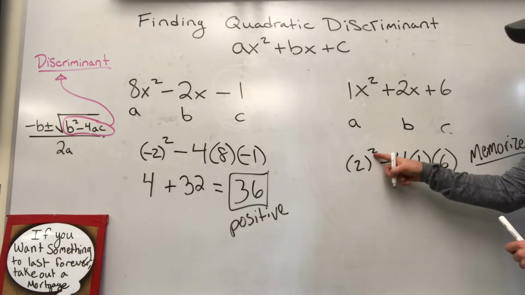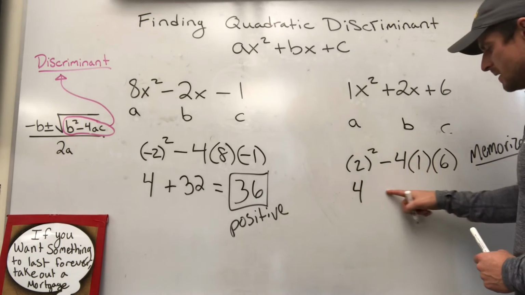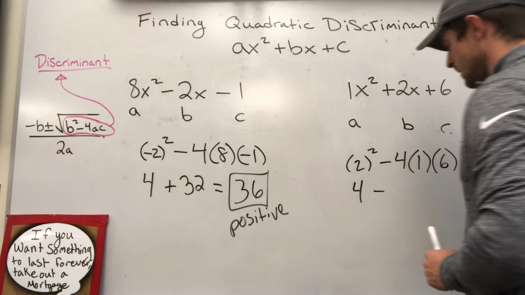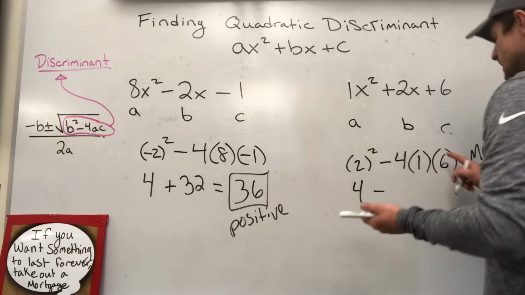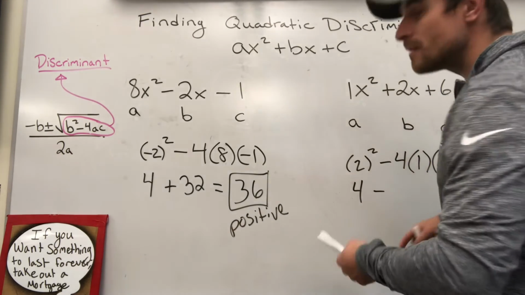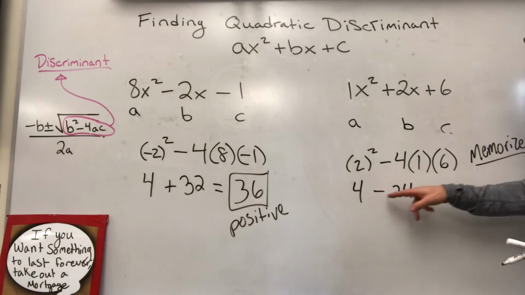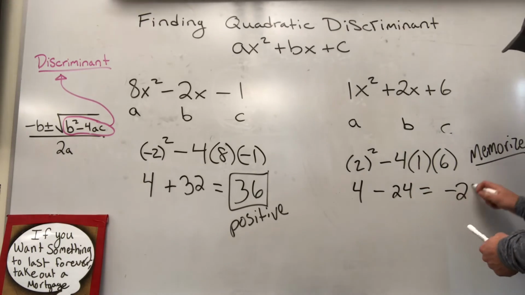So now I'm going to say 2 squared, which is just 4. A negative times a positive is a negative. And then that negative times another positive remains a negative. Okay, so negative 4 times 1, negative 4. Negative 4 times 6 is going to be negative 24. 4 minus 24, combine like terms to get negative 20.